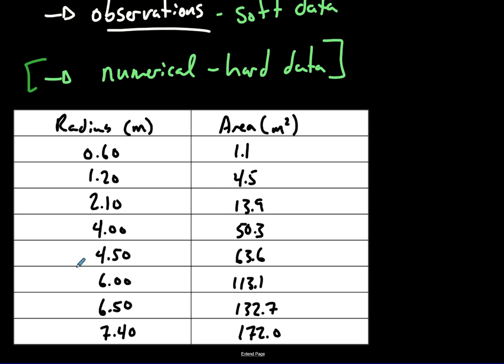Okay, so I just put a little chart in here. And what we're looking at here is some data that we've collected. It's important here to note a couple of things. First of all, dependent and independent variables are always going to come into play here. The dependent variable in this case is this guy.